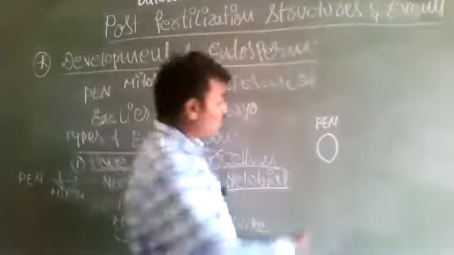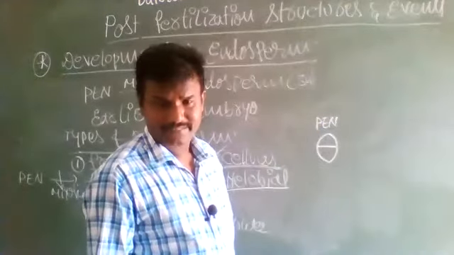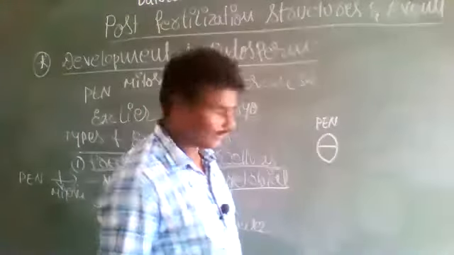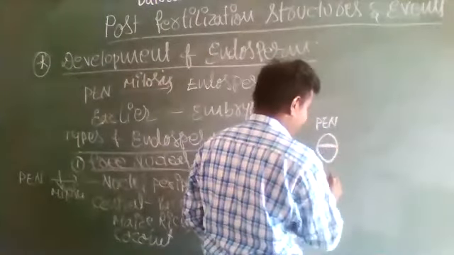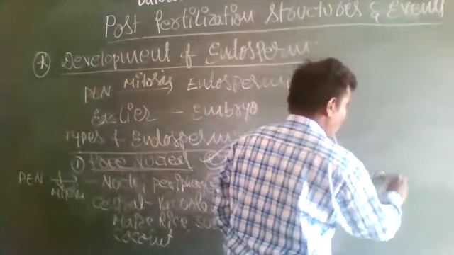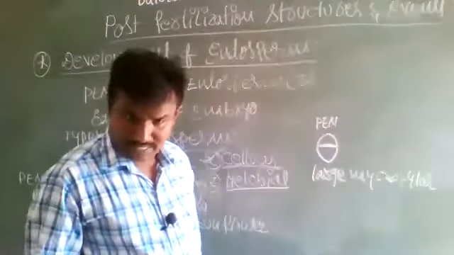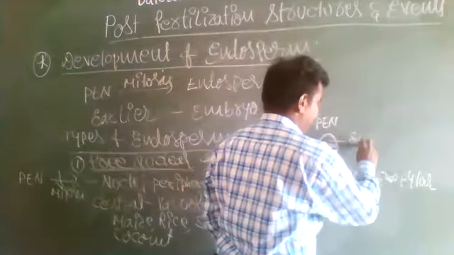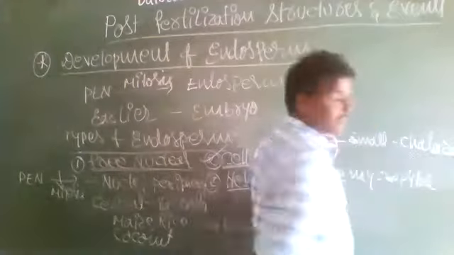The primary endosperm nucleus divides transversely and produces a large micropylar chamber and a small chalazal chamber.